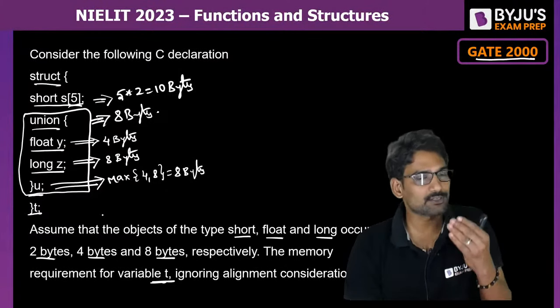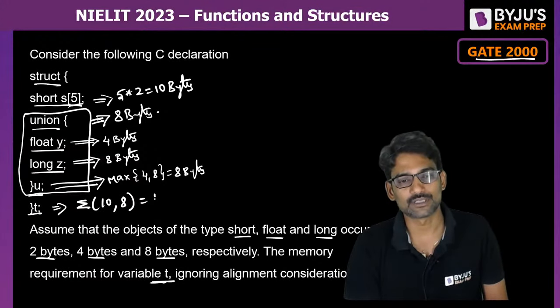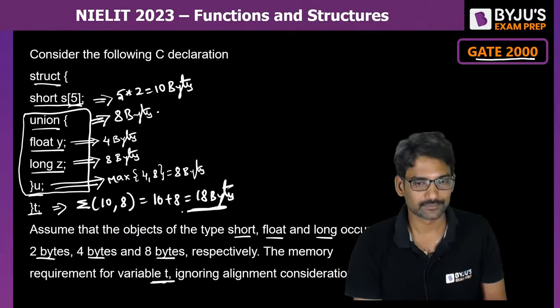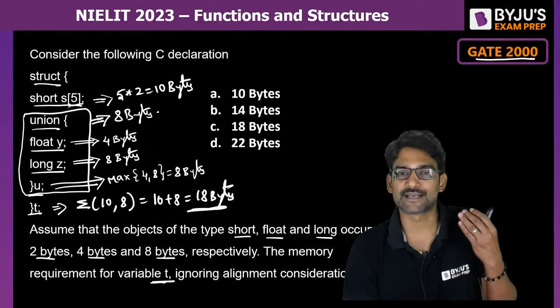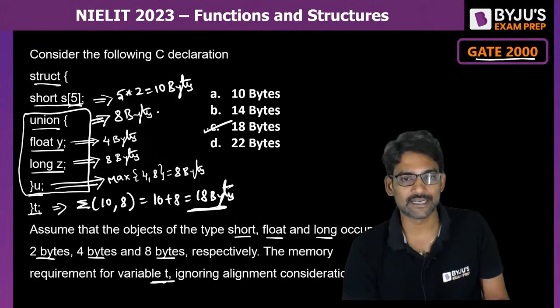Now a structure variable gets what? Sum of all its members. So 10 comma 8. So this is 10 plus 8, 18 bytes would be the memory allocated for t. So if you are given options as 10, 14, 18, 22, what would be your answer? 18 bytes.